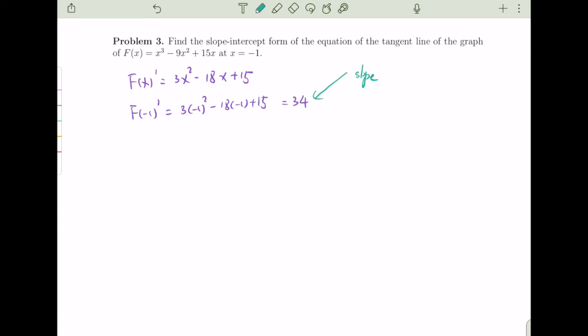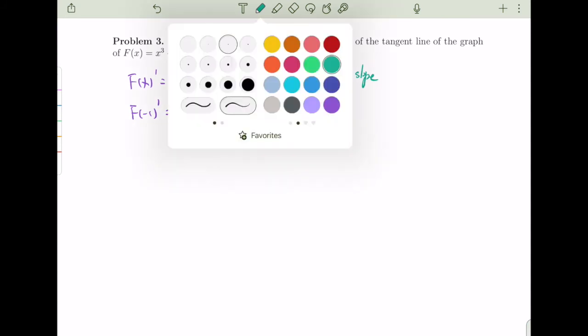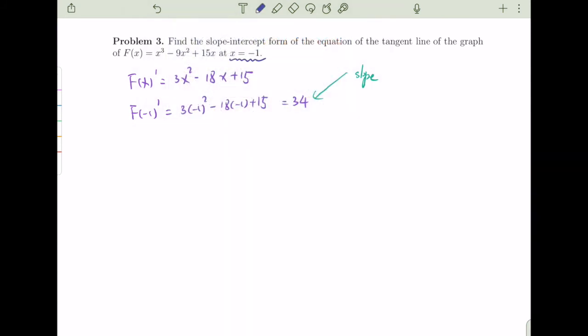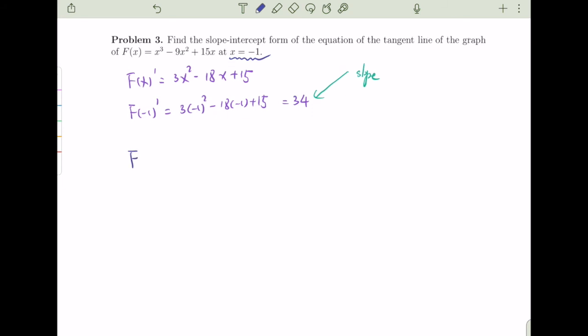Having the slope is not enough. We also need to have the point, right? We have x equal to negative 1. So we plug this into the original function to find its y coordinate. So this becomes negative 1 cubed minus 9 minus 15, which is negative 25.